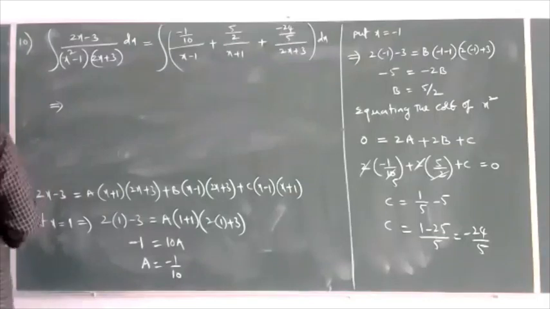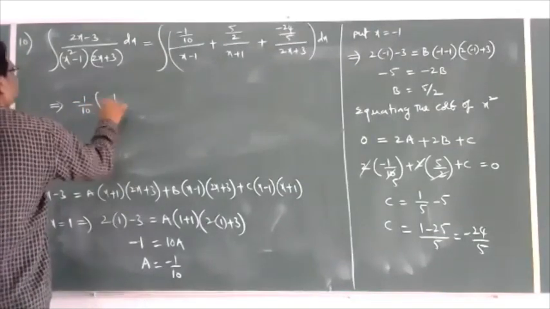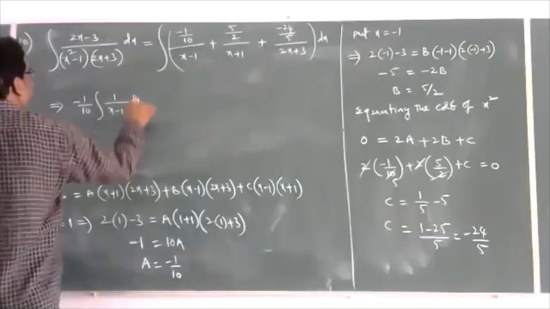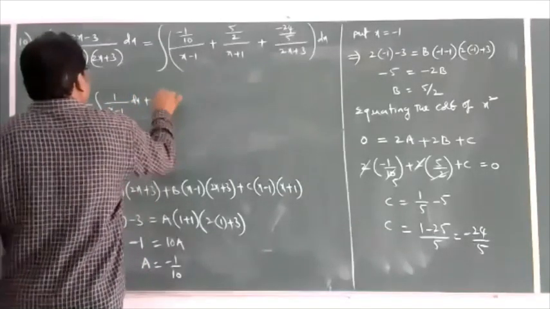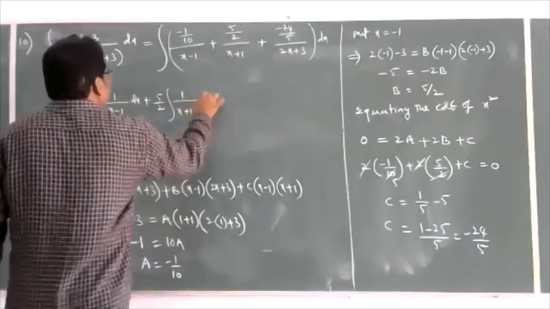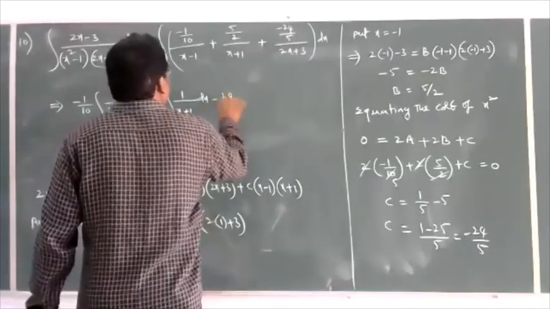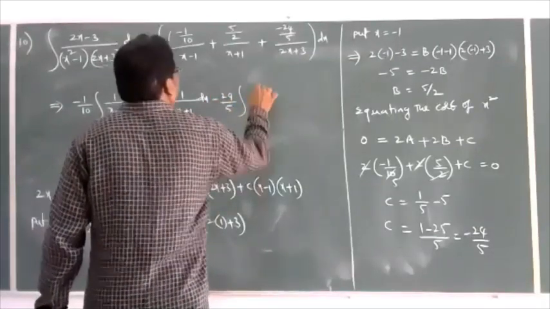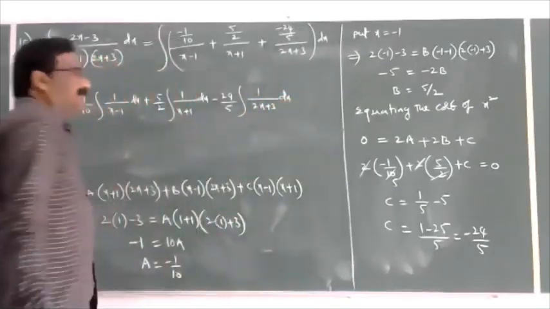That implies minus 1 by 10 into the integration of 1 by x minus 1 dx, plus 5 by 2 into the integration of 1 by x plus 1 dx, minus 24 by 5 into the integration of 1 by 2x plus 3 dx.